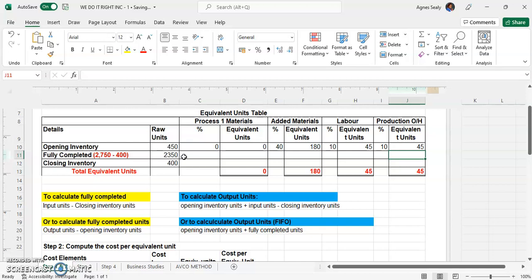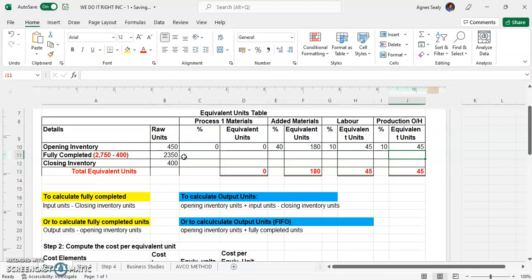They don't need any added material, any labor, any production overhead. It means that these units are 100% complete with respect to these fully completed units would need 100% of the process 1, 100% of the added materials, labor, and production overhead.